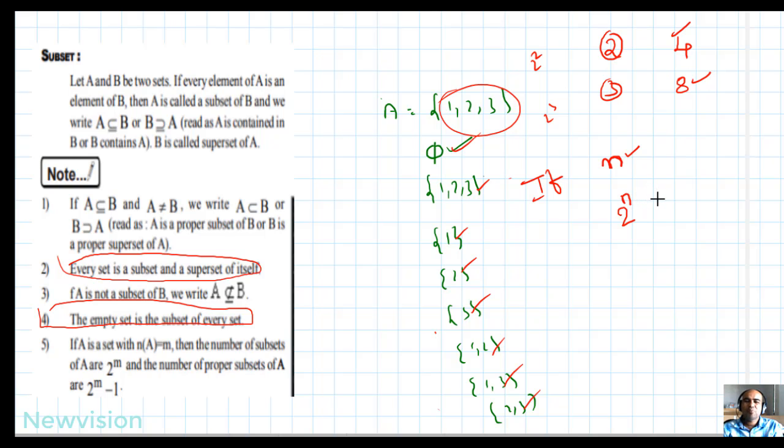Sometimes they will ask how many proper subsets. Except this one, all are treated as proper subsets only here. The empty set is actually a proper subset of A, and {1} is actually a proper subset of A. Except the set itself, all are proper subsets. That's why if a set contains n elements, that set contains 2 power n minus 1 proper subsets.